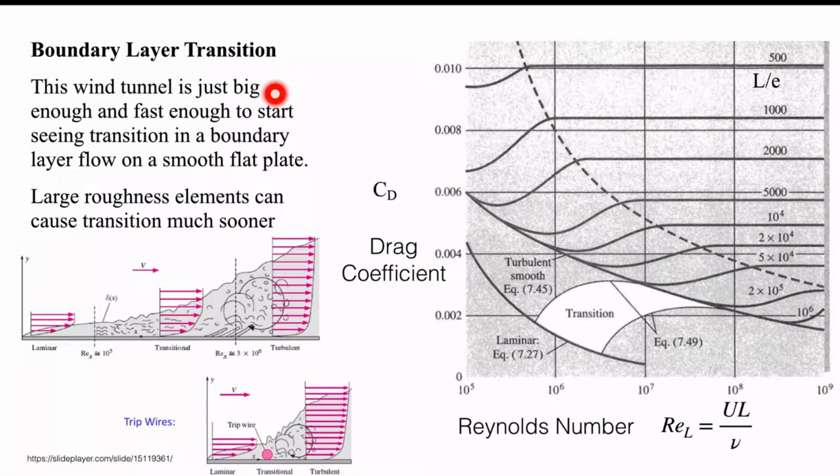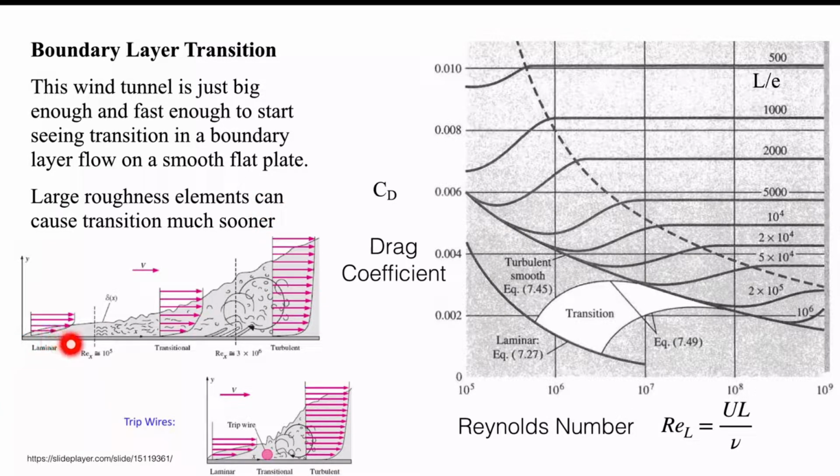Now, this wind tunnel is just big enough and fast enough to start seeing transition in a boundary layer within the wind tunnel. This is pretty much the limit on the size of wind tunnels that would be useful for understanding things in a course in fluid mechanics. So if we wanted to see a fully turbulent boundary layer, we can use roughness elements to cause transition much sooner.